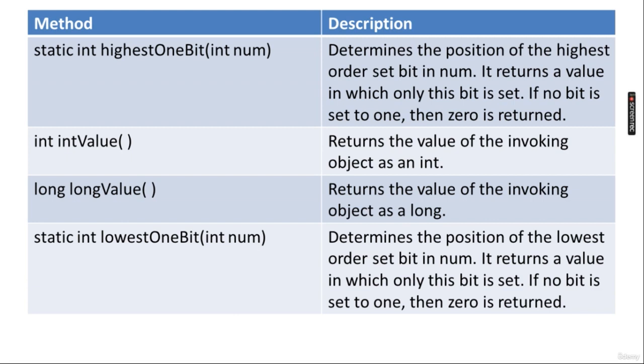It returns the value in which only this bit is set. If no bit is set to 1, then 0 is returned. intValue returns the value of the invoking object as an int. longValue returns the value of the invoking object as a long.